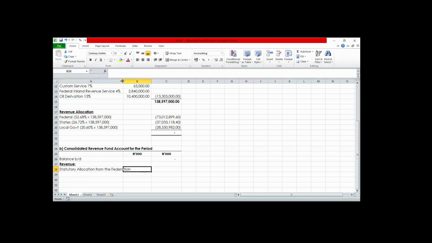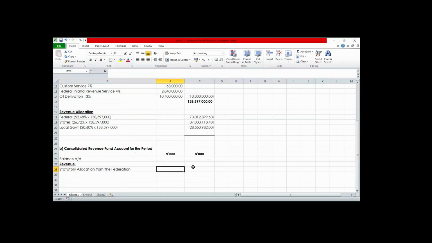How much is the allocation from the federation account? For federal. Can you see the figure? That is the one that is meant for federal. Is it clear? Yes, sir.